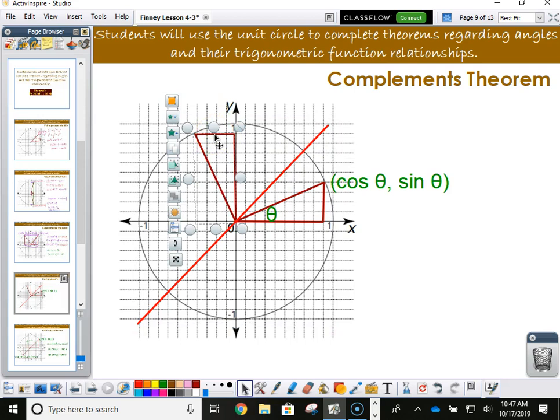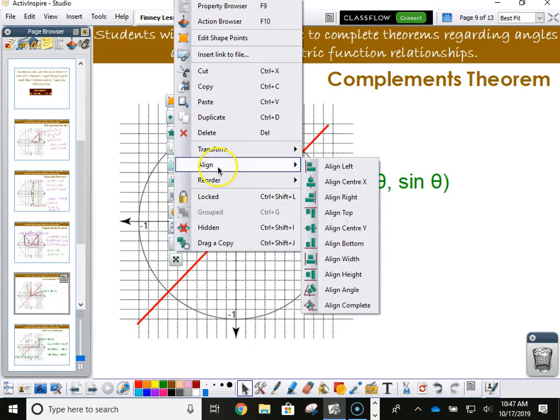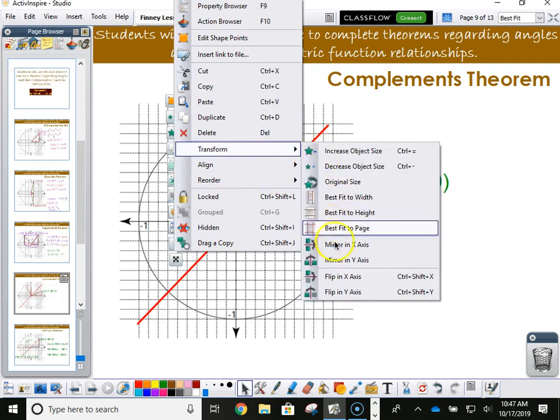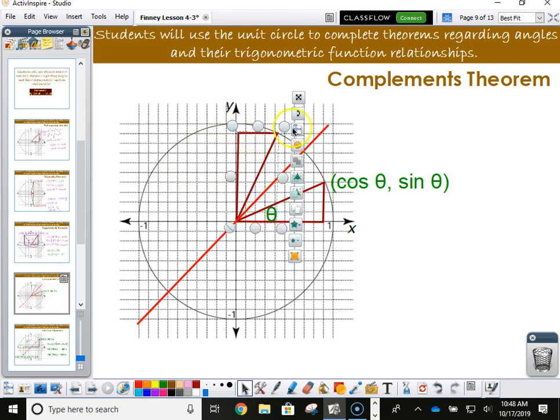Okay, so I got this, and now I'm going to flip that line. I'm going to flip in the y-axis, and I'm going to bring that back. So there, now my theta is still here, right? So this theta is still right there.